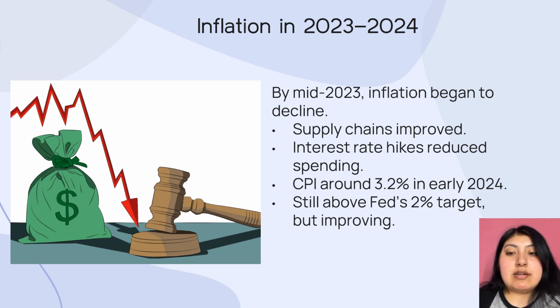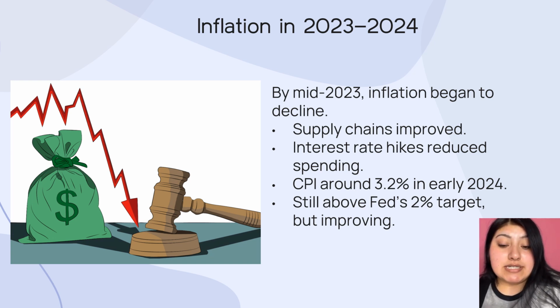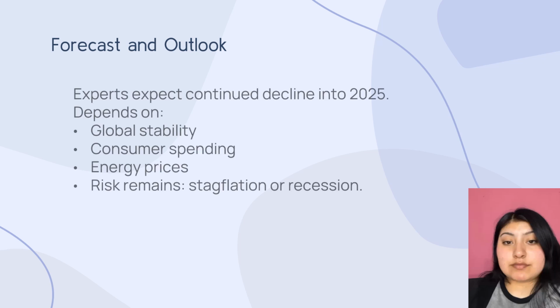By the end of 2023, inflation was down to about 3.4 percent, and in early 2024 it was around 3.2 percent. This is much better than in 2022, but still above the Fed's target of 2 percent.